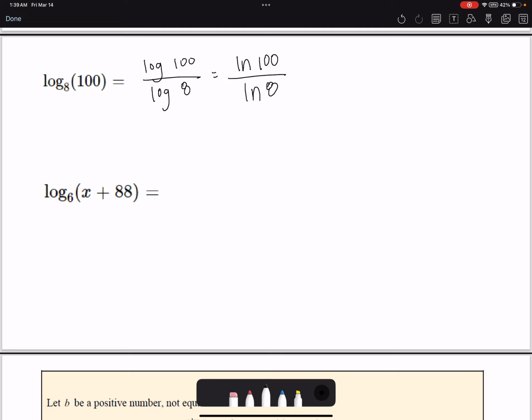I don't have that decimal off the top of my head, but if we do log of 100 over log of 8, this is approximately 2.21.